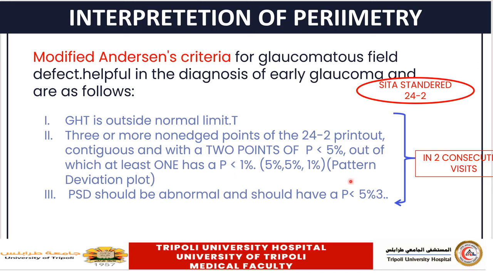And the third criterion is that the pattern standard deviation should be abnormal, with a p-value of less than 5%. So if you find these criteria, this is more in favor of glaucoma. This is named the modified Anderson criteria.